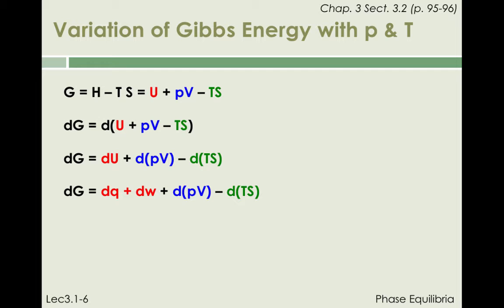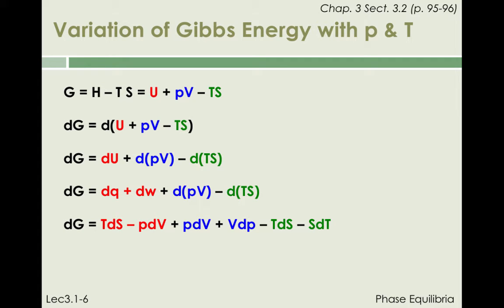We can write dq is equal to TdS from the second law of thermodynamics and replace dw by minus PdV. We also expand d of PV as P times dV plus V times dP and do the same with the change in TS.